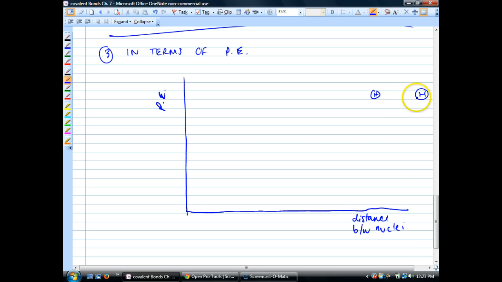And then as we bring them in, we're going to be pushing them together to the point where they're squished right into each other on the y-axis. So this is 0 distance between the nuclei. If we could put their nuclei right together, that would be right along the y-axis on this diagram.